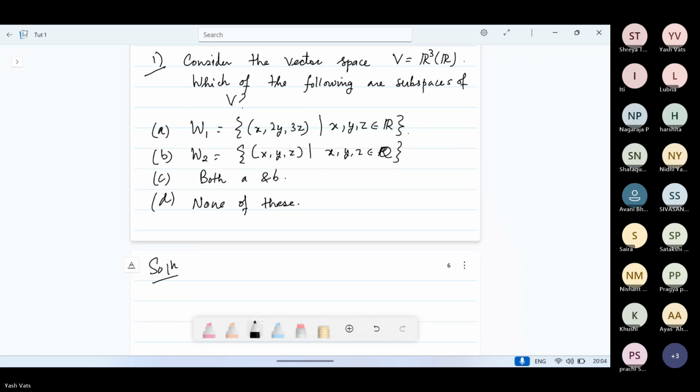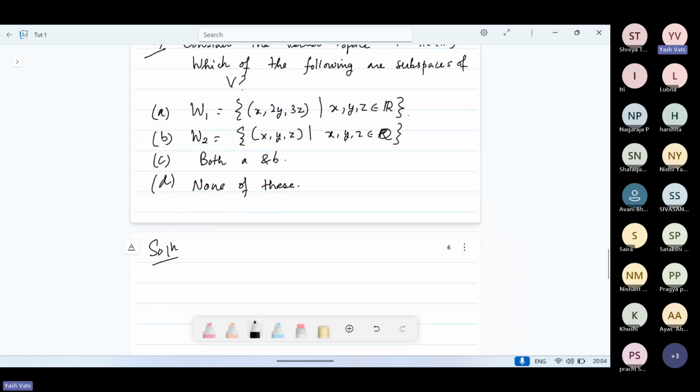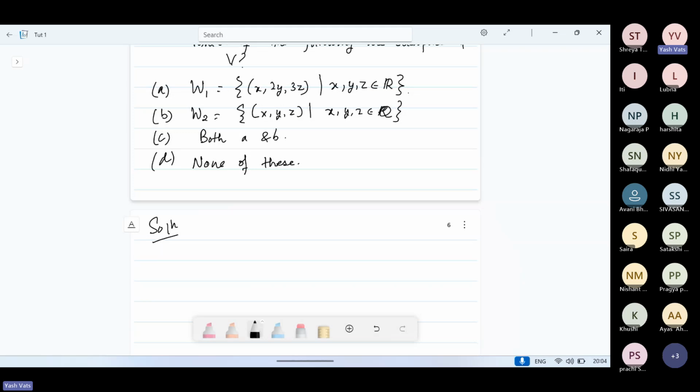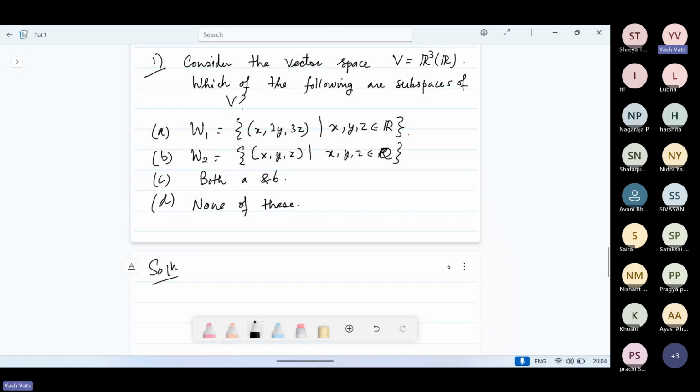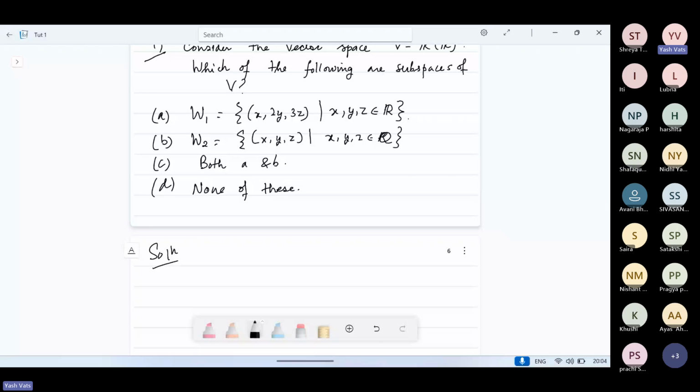So according to you, what should be the answer? A. Okay, whatever. We are not talking about the answers, but just discussing the solutions and trying to see if we can apply the same logic.